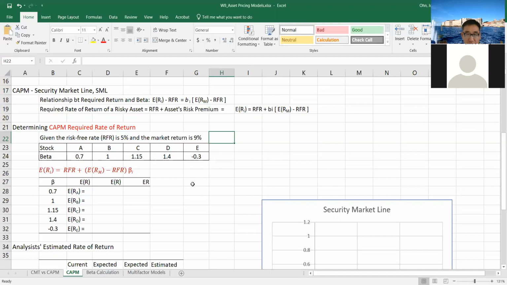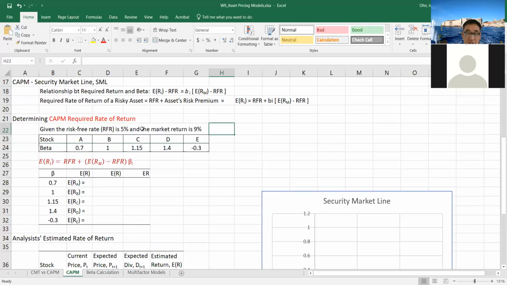Let me give you a couple of important ideas. Beta equal to 1: the beta of the market portfolio is 1. Okay, it is the benchmark, I mean, the starting point. So stock B is either a market portfolio, or a stock that is very mature and behaves exactly like the market portfolio.